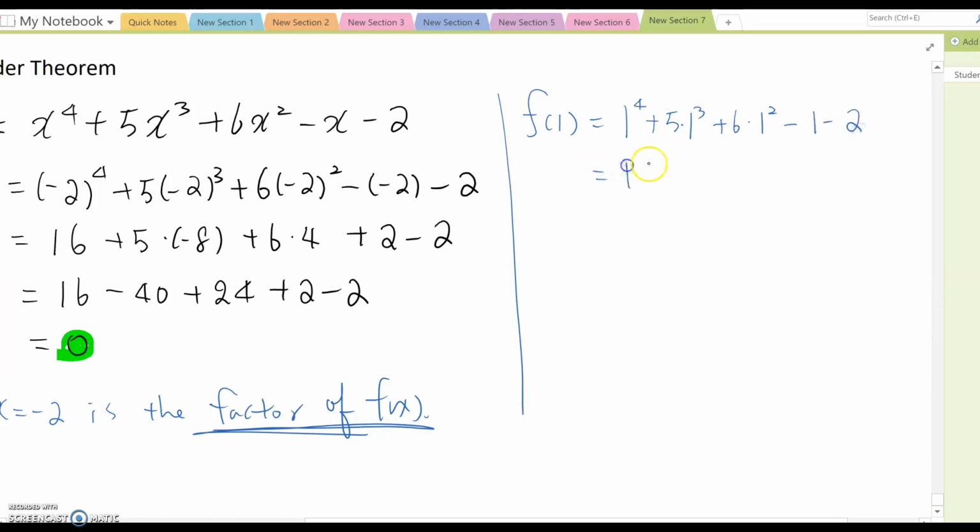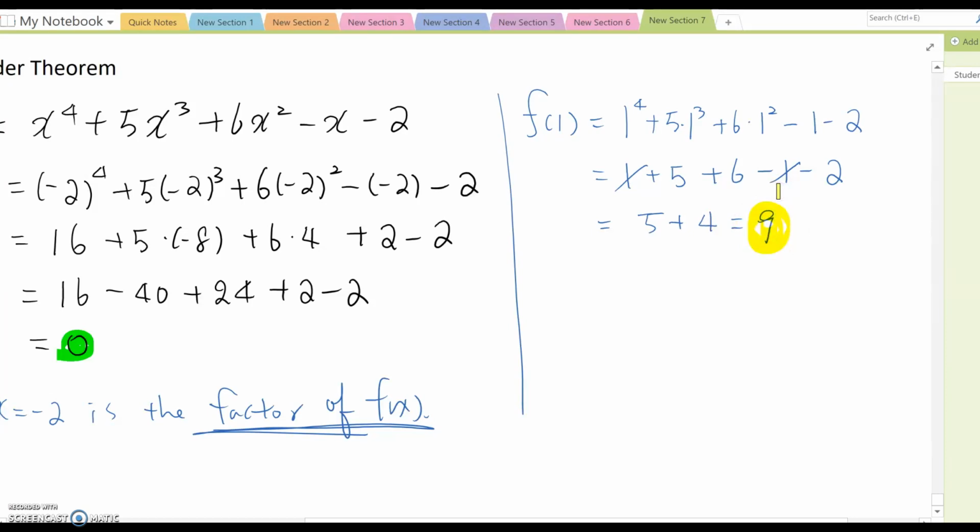So it becomes 1 plus 5 plus 6 minus 1 minus 2. So it becomes 5 plus 4, equal to 9. Unfortunately, this time we don't get 0.